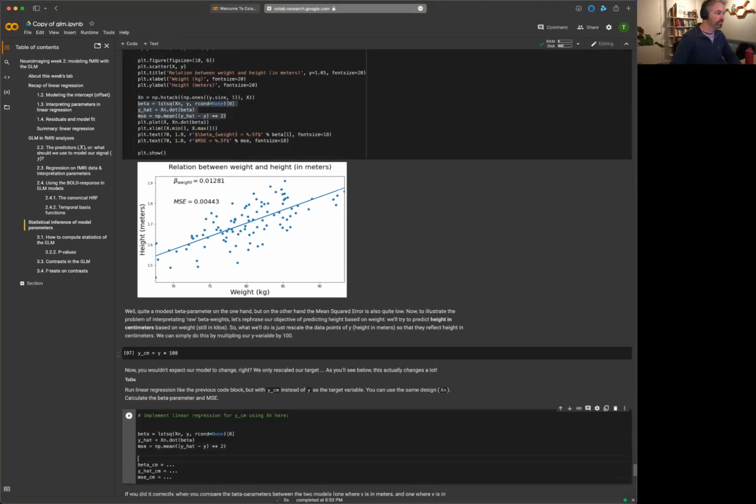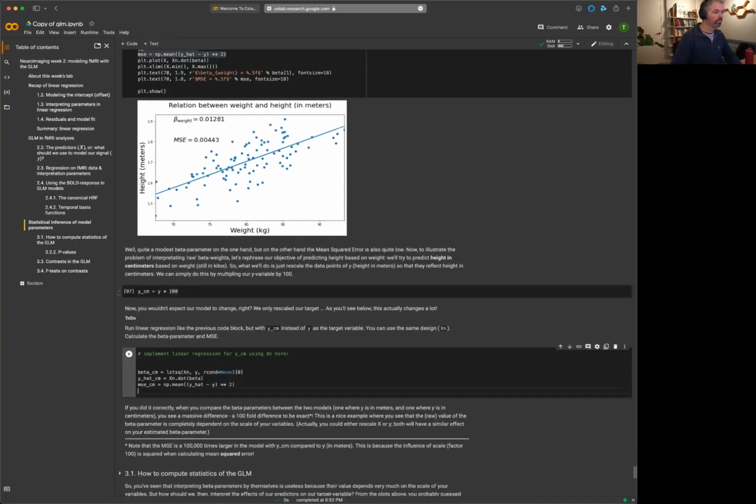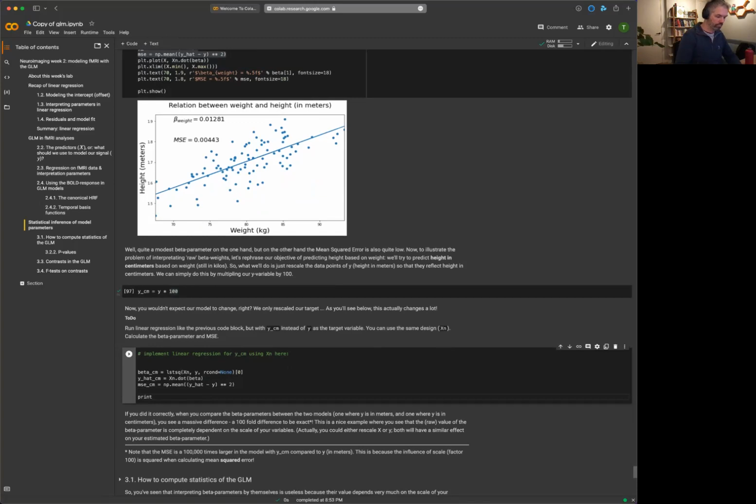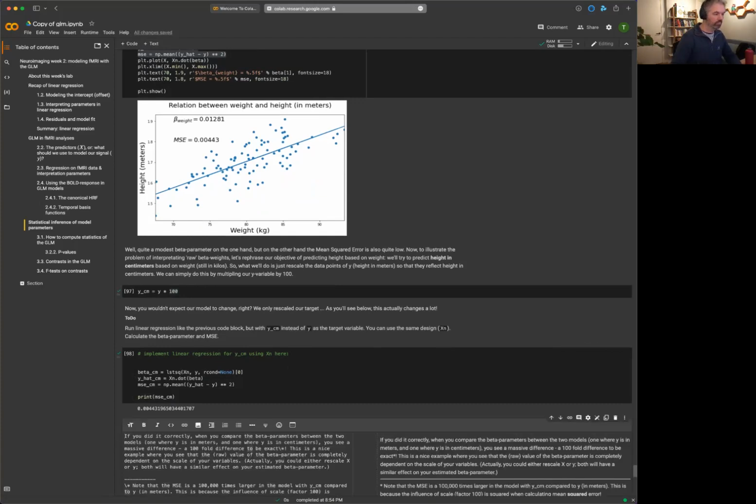So again, you notice I'm not writing that much code. I am just looking at what I should get from the above cells. There's a 100-fold difference.